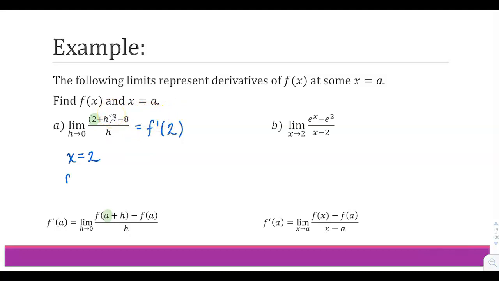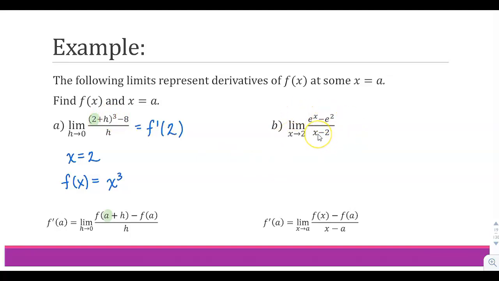And we're also trying to find what is f of x. So what are we plugging a plus h into? So we are plugging 2 plus h into the function x cubed. So 2 plus h is the inside function. It would be replacing the x in x cubed.